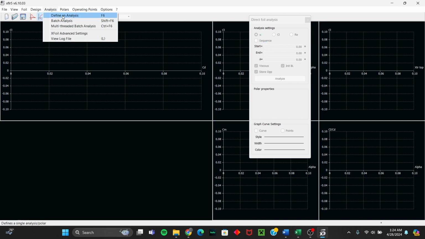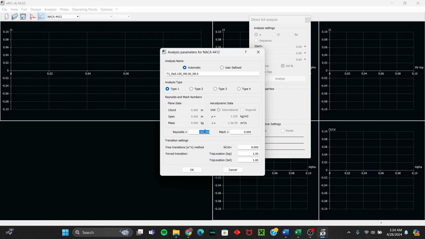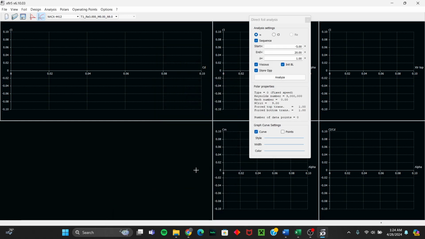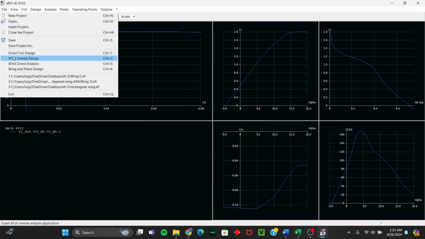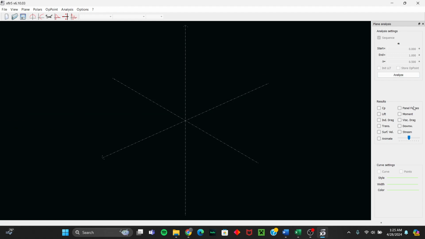So if we go over here to analysis, define analysis, and we could just put this to like 3 million. Then press OK. The sequence is from -5 degrees to 20 degrees. It's good. And then after running this, I can go and start the wing and plane design.